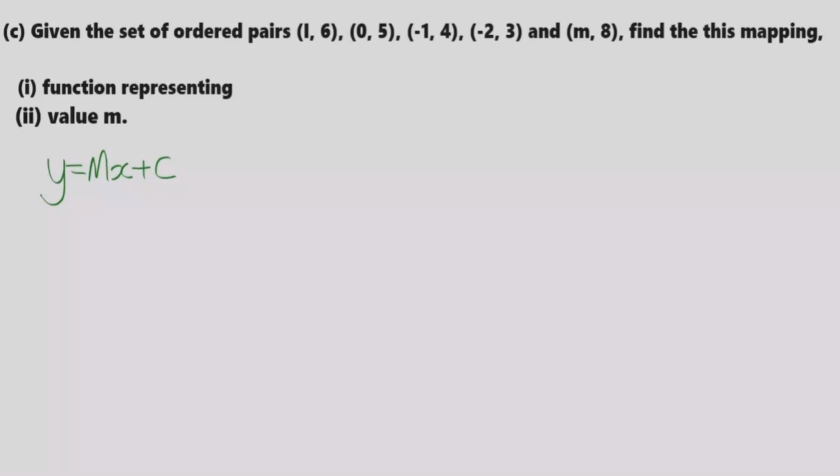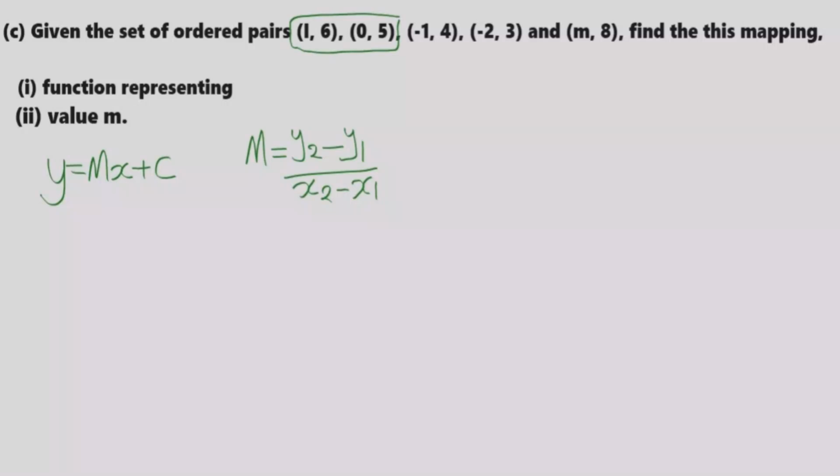Okay, so to find the gradient, we're going to use the formula, which is m is equal to y2 minus y1 over x2 minus x1. Okay, so what we do now, we put the numerical values of these y2 and y1, x2 and x1. So we're going to use these 2 points.